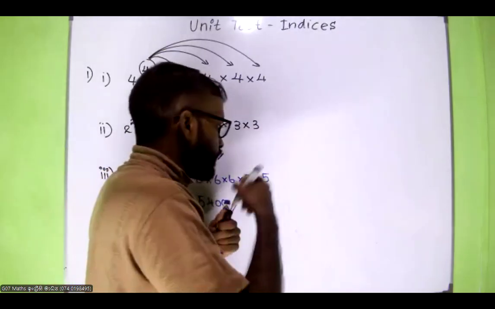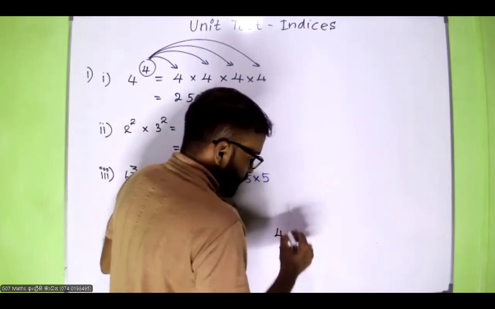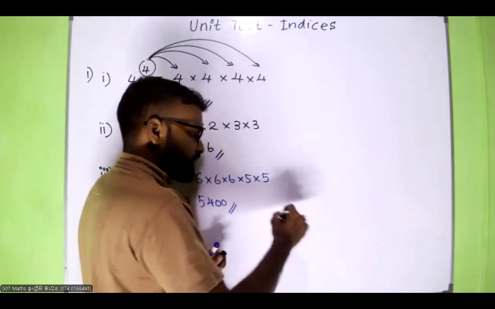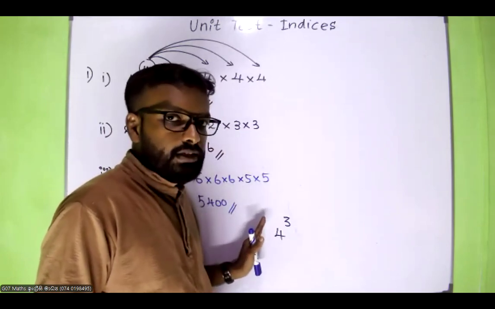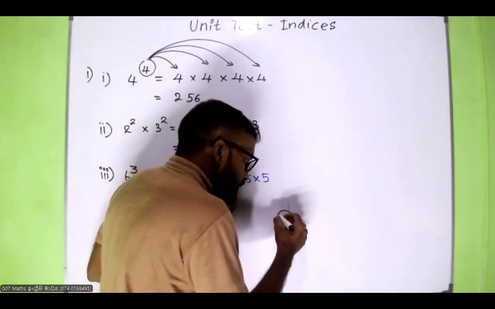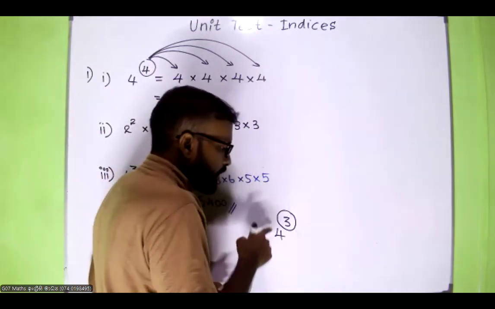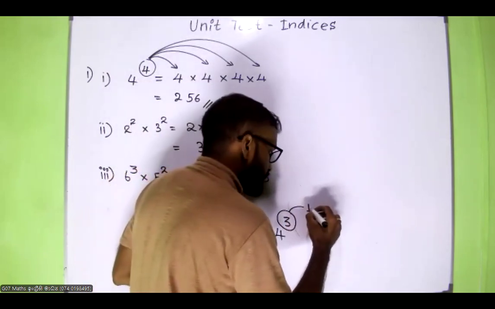Basically, what you need to know is 4 to the power 3. Now this is the power, this is an index. We call this power by another name, we call this the index.